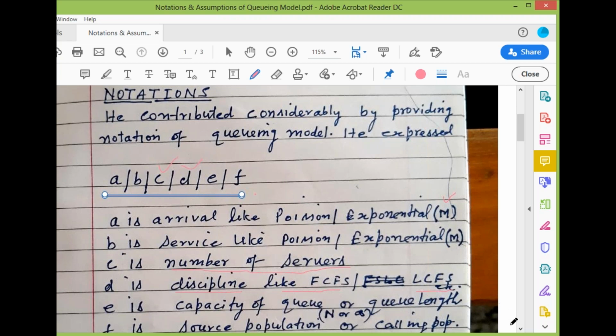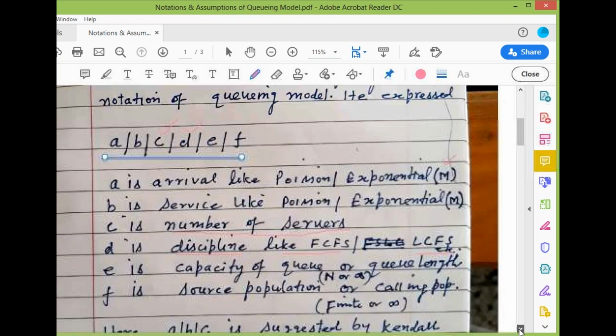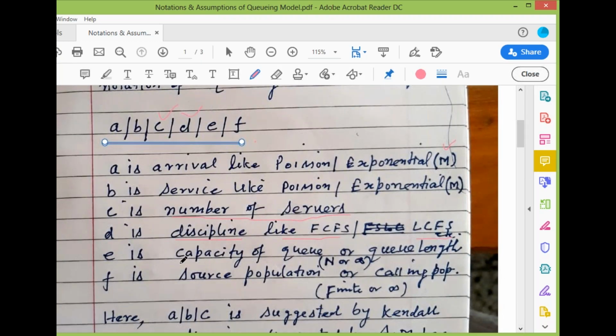And the fifth one is E. E is the capacity of the queue, meaning how many persons can be accommodated in this queuing system.